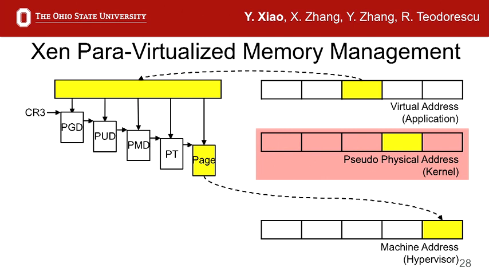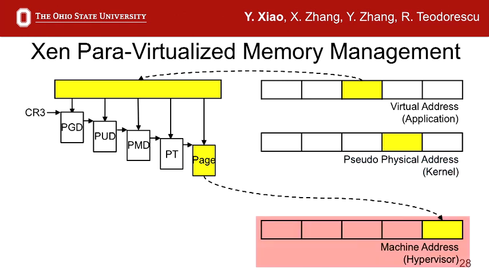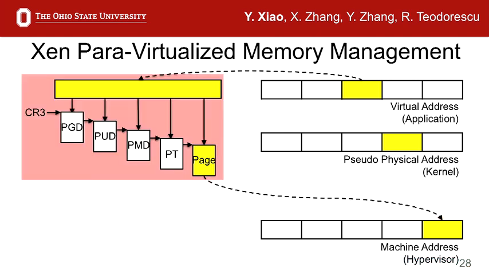We call them pseudo-physical addresses, while the real physical addresses are called machine addresses. As in non-virtualized settings, a virtual address can be converted into a physical address by looking at the page tables. Luckily, in Xen PV, we are also able to do so to get the machine addresses. There is only one layer of page tables in Xen PV, and this is the basis of our double-sided Rowhammer.